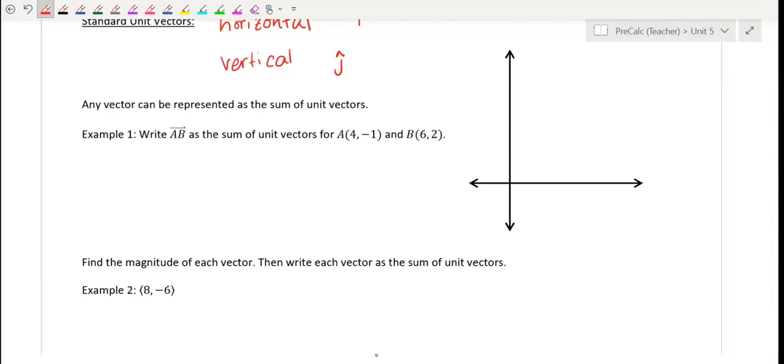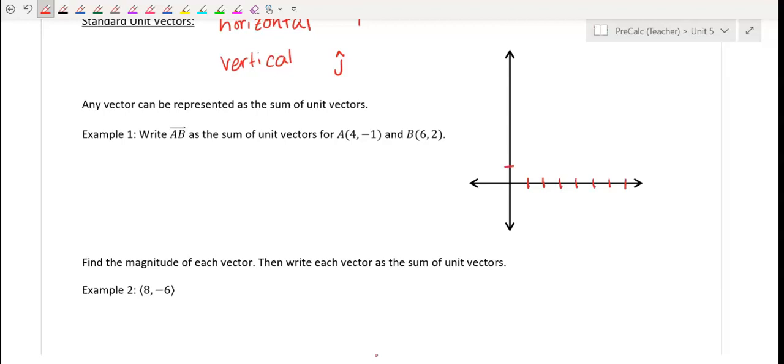I have this coordinate plane over here. It's not labeled for me, so I've got to go at least 6 to the right, and 1 down and 2 up. So I'm going to go 1, 2, 3, 4, 5, 6, 7. Okay, I can fit 7 there.